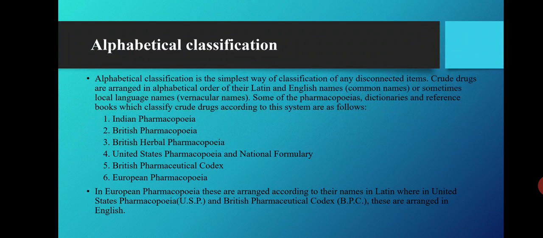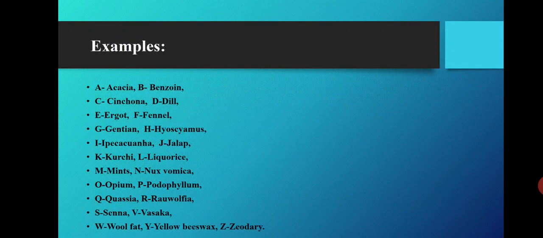So these are some of the standard books in which the drugs are classified in alphabetical order. For example, A for acacia, B for benzoin, C for cinchona, D for dill, and so on. We have till Z that drugs are classified according to alphabets.